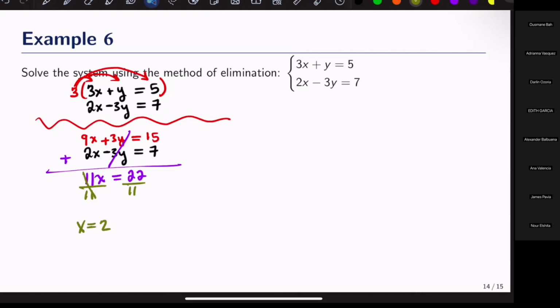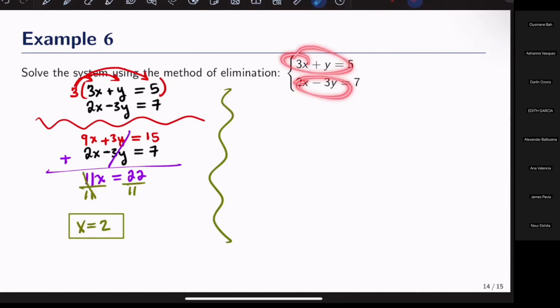Great. But we're not done because we still need to solve for our y. Now, looking at our two equations again, I would say let's go with that first one because we can easily isolate our y by just subtracting both sides by 3x.